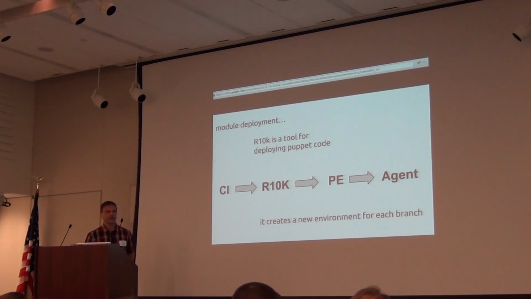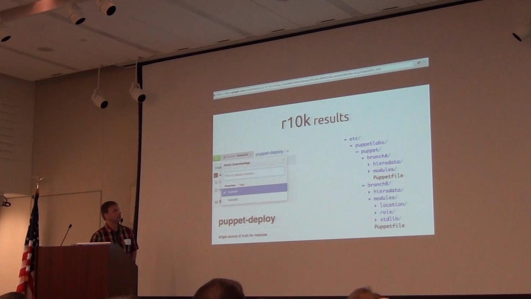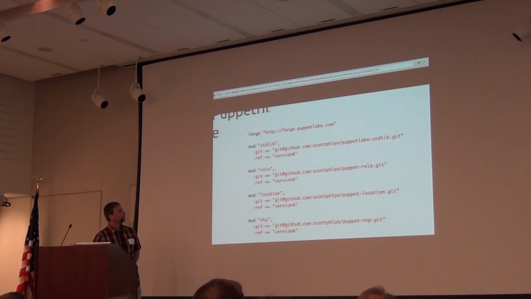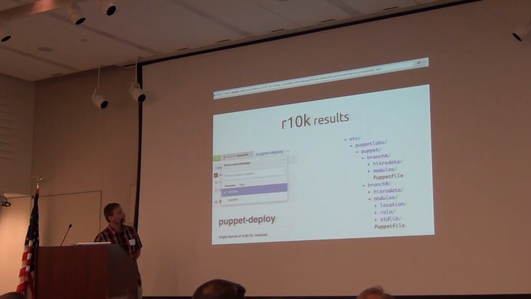There's a configuration file like r10k.yaml that lives in etc. When you run r10k deploy, it will go and look in that repo, in our case Puppet Deploy, pull down the Puppetfile, parse it, and for each branch that exists, it will read the Puppetfile and deploy the modules in that branch with the ref that you specify. So version A for module role will get deployed in branch A into this directory.